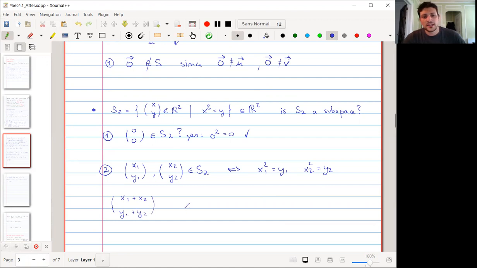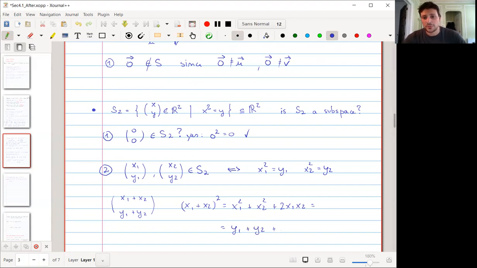But now if I take x1 plus x2 squared, this is equal to x1 squared plus x2 squared plus twice x1, x2, which is equal to y1 plus y2, which is what we would want.